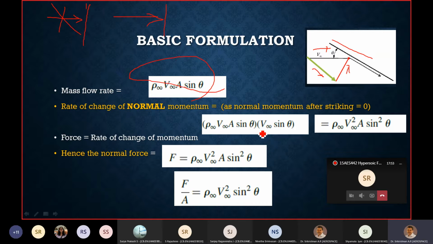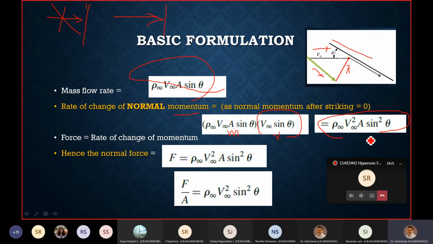That is multiplied by the normal component of velocity, since we are talking about the normal component of momentum. So rho V infinity A sine theta multiplied by V infinity sine theta gives the rate of change of normal component of momentum, which is rho infinity V infinity squared A sine squared theta.